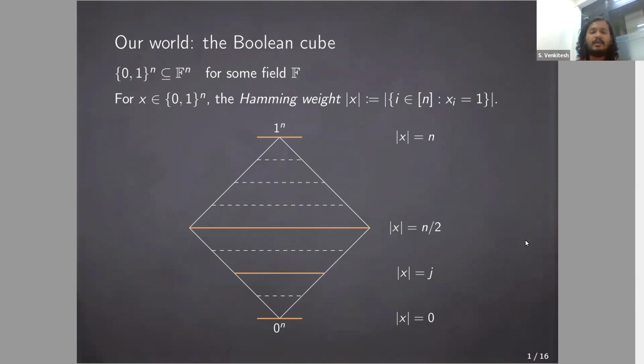At the top, you have the all ones vector, which is the only point with Hamming weight n. In between, you have a layer corresponding to Hamming weight n/2, provided n is even. If n is odd, you will have two middle layers, floor and ceiling of n/2, and so on. So this is a standard way of visualizing the hypercube, and it helps in many situations. So yeah, that's about the Boolean cube that I wanted to mention at the outset.